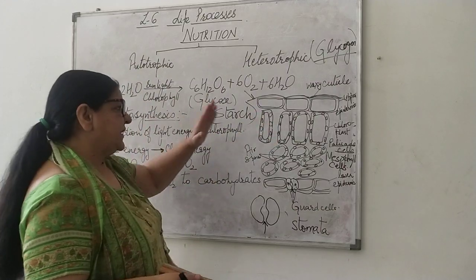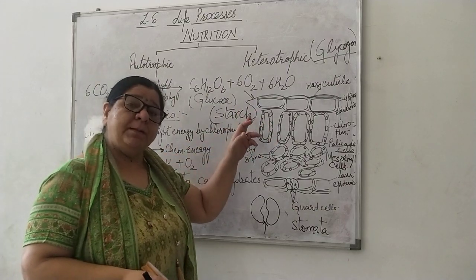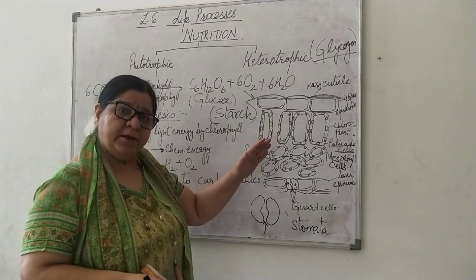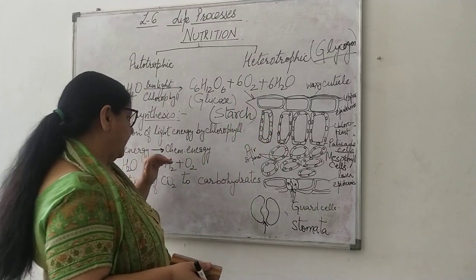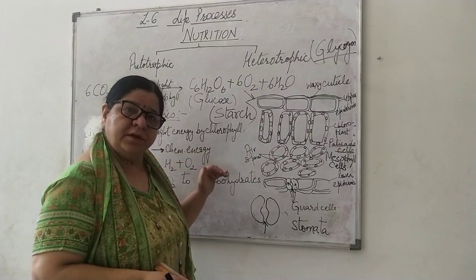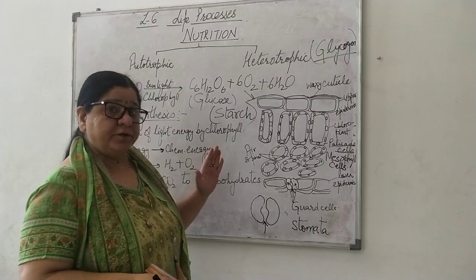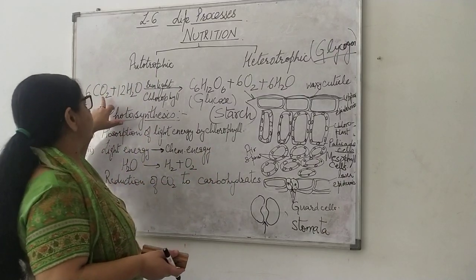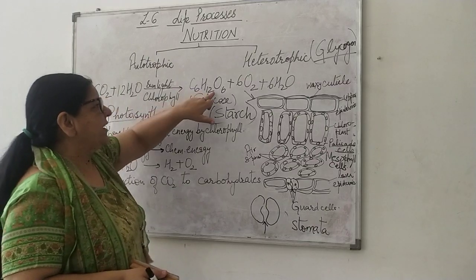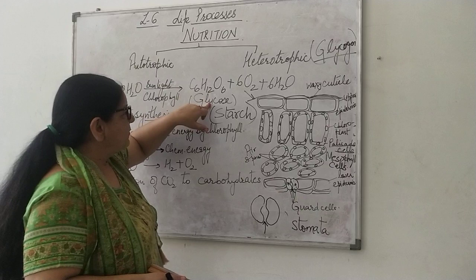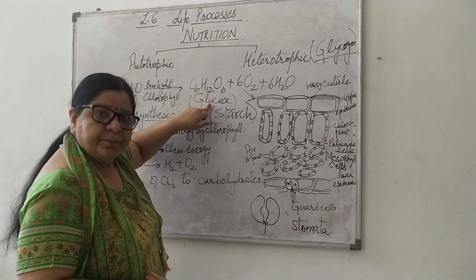Second, this light energy will be converted into chemical energy, and the water molecule will split up into hydrogen and oxygen. And the carbon dioxide will get reduced to carbohydrate in the form of glucose, right?